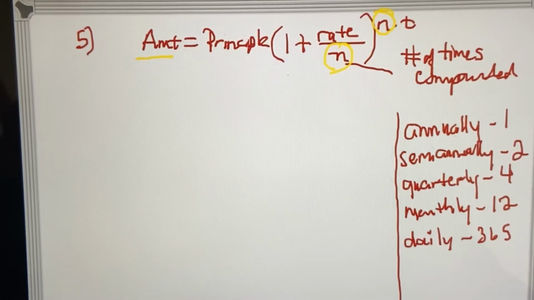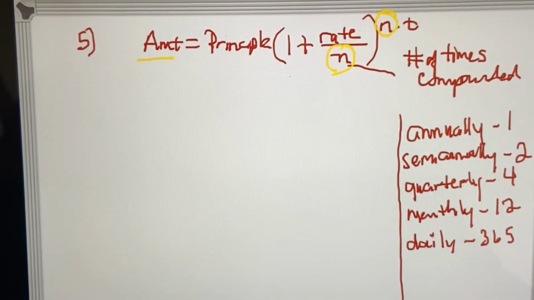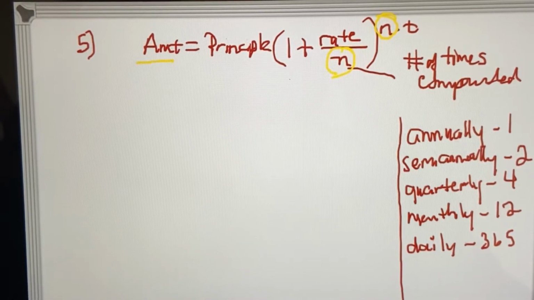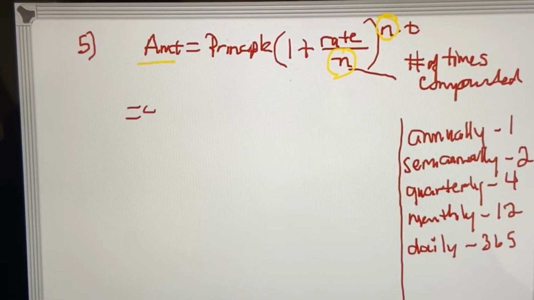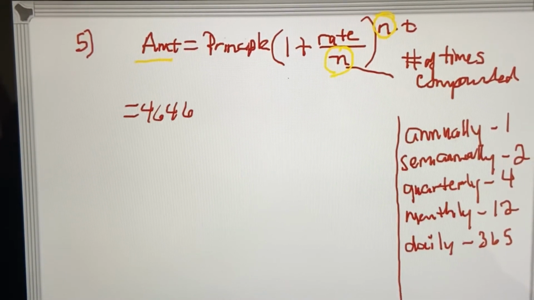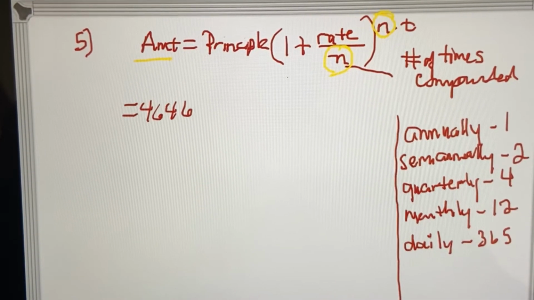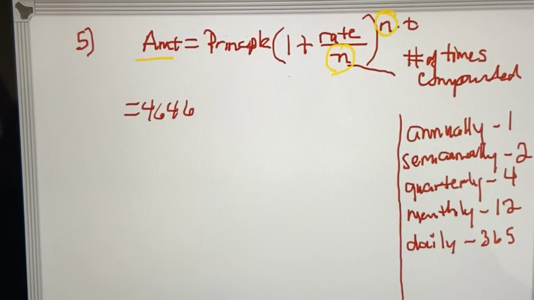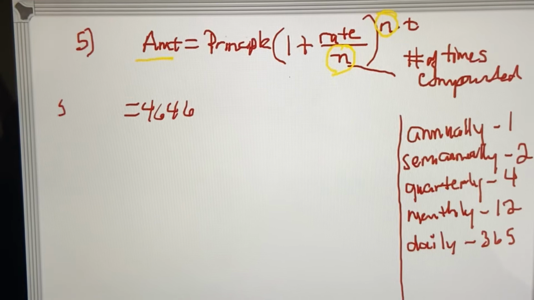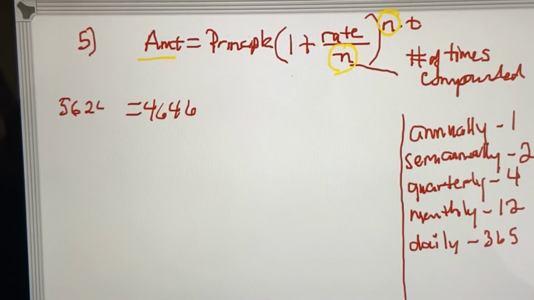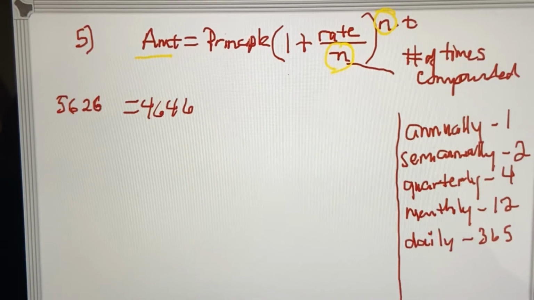It says, Alfred's saving some money to put a down payment on a car. He currently has $4,646. So that's his principal. He's starting out with that much. But he knows he can get a loan at a lower interest rate if he can put down $5,626. So that's what he wants to end up with in the end. 5,626.